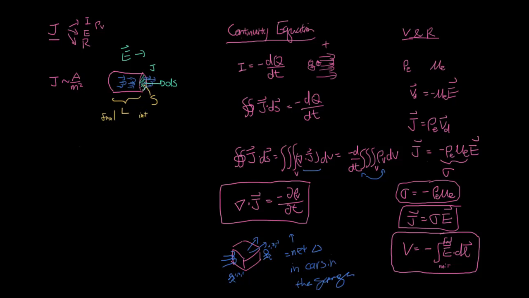If we define this as the positive direction, we can apply that formula we just wrote where the potential is the integral of E dot dl. In this case, we're integrating in the negative direction. If the field is constant throughout this entire length, then we can pull it out and we simply have that the potential is equal to E times L.